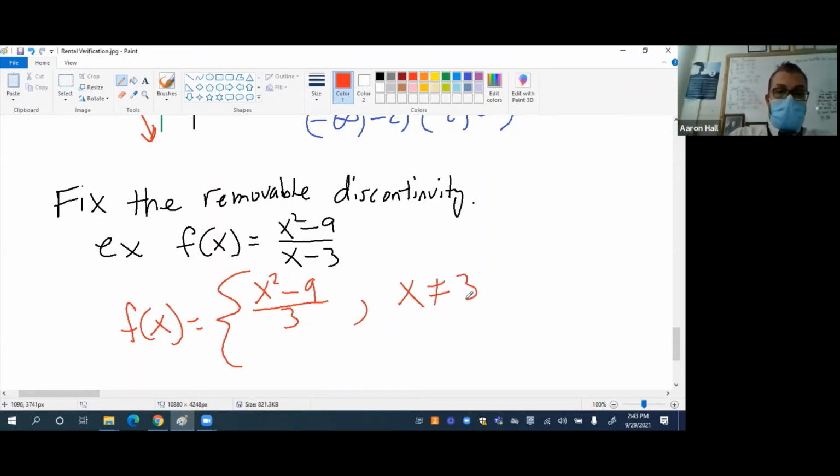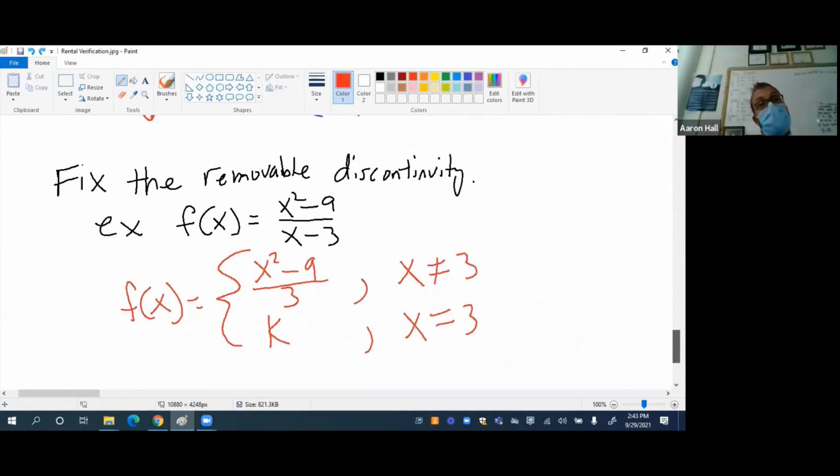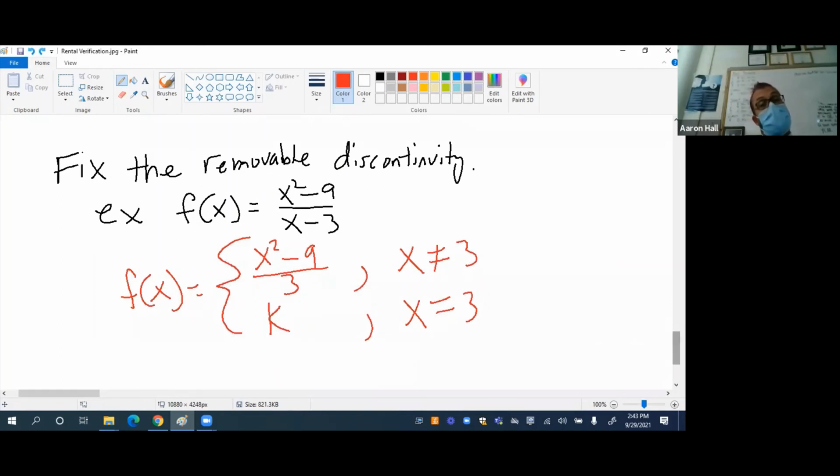Now the question is, there's some value here for when x does equal 3. The question is, what? f of x means your y, right?